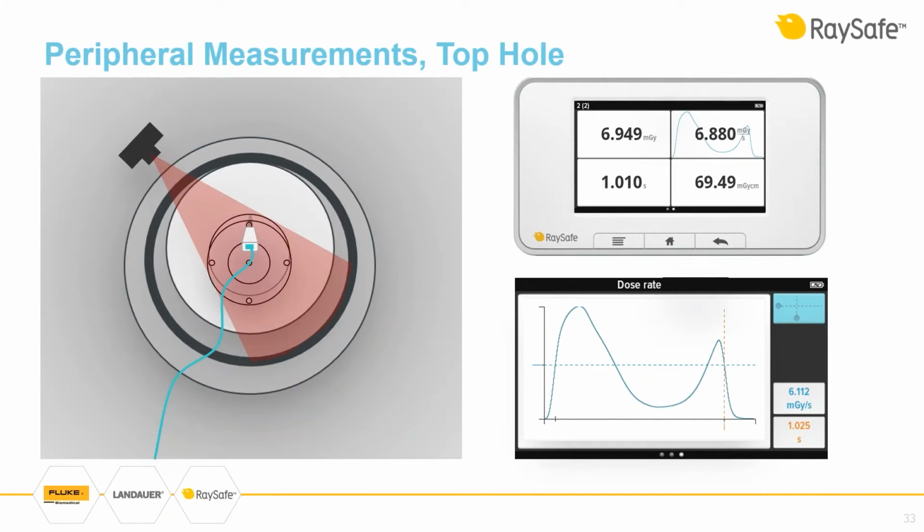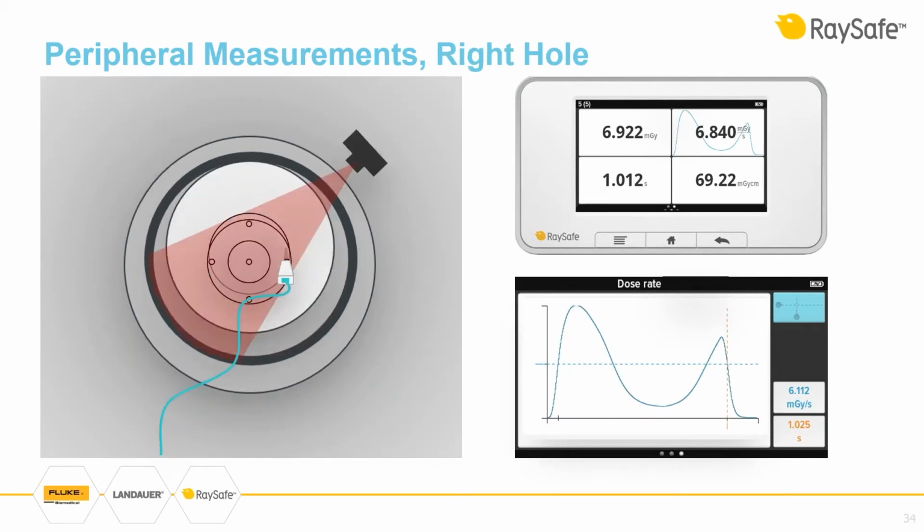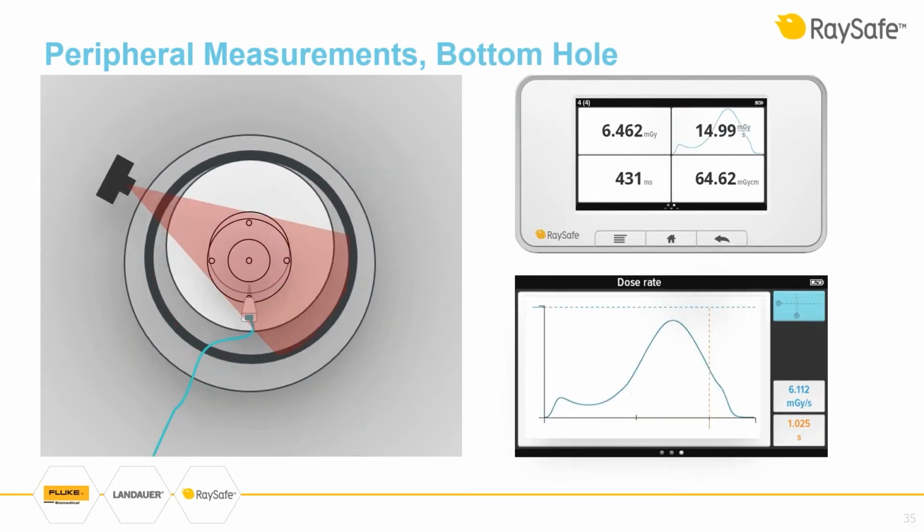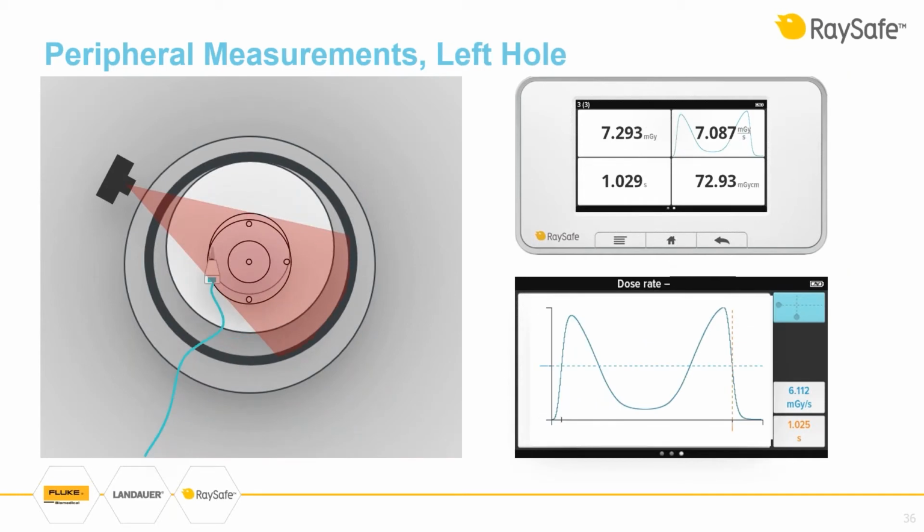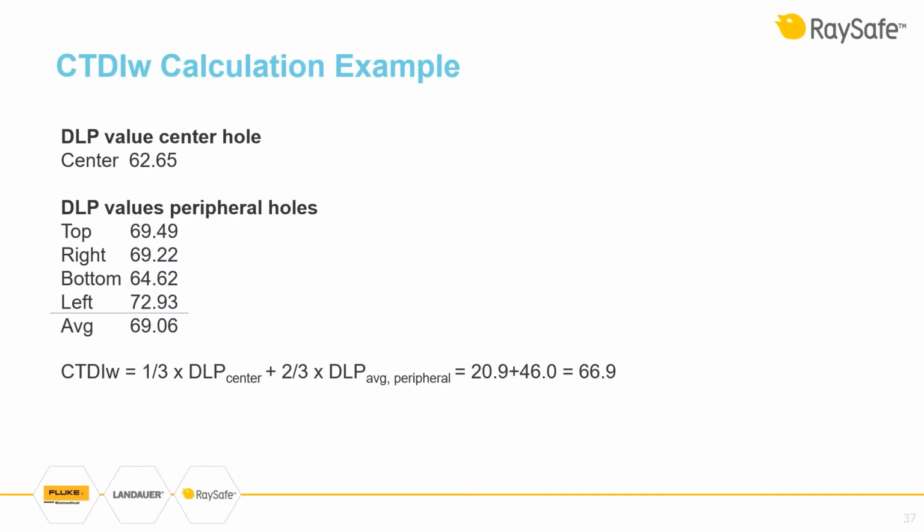And this is how a waveform may look from the first peripheral hole, a second, a third, and the last one. And by using the DLP values from these measurements, we can quite easily calculate CTDI-W with the same formula I presented earlier.